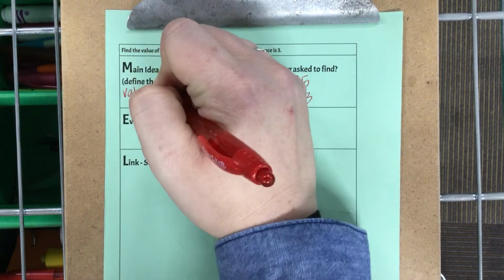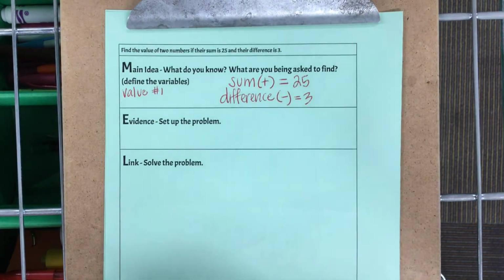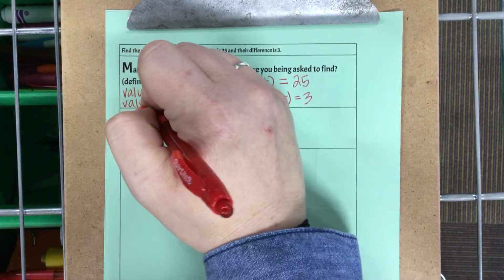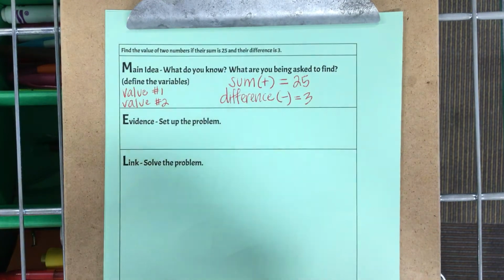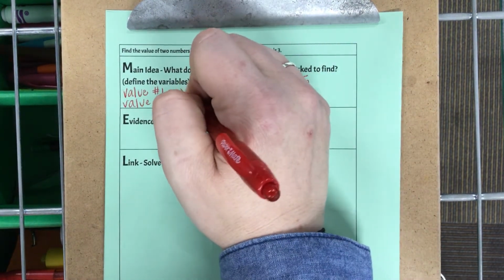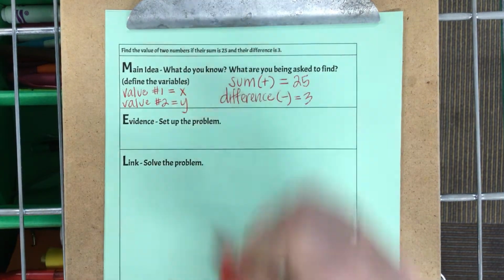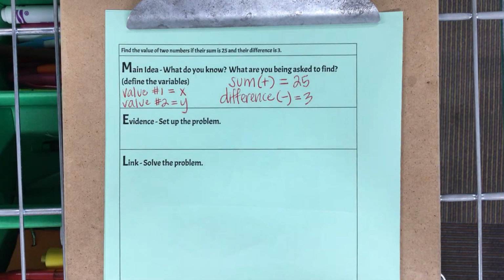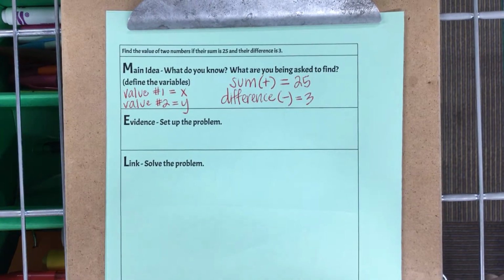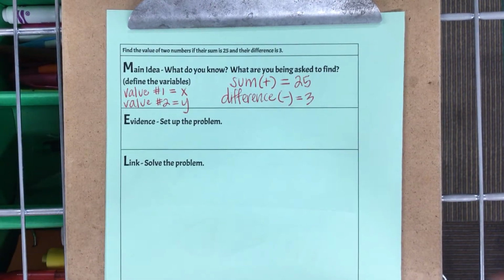I want to know the value of the first number, and I want to know the value of the second number they give me. So I'm going to assign those variables: I'm going to say x and y. That's what the problem tells me. That's my main idea.